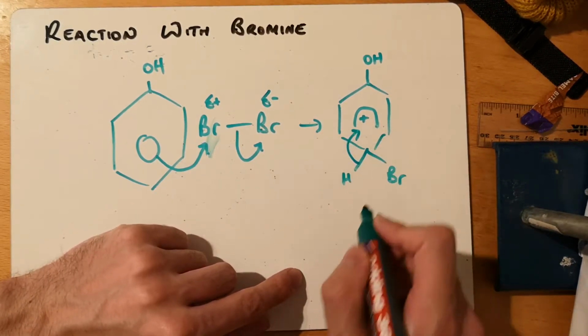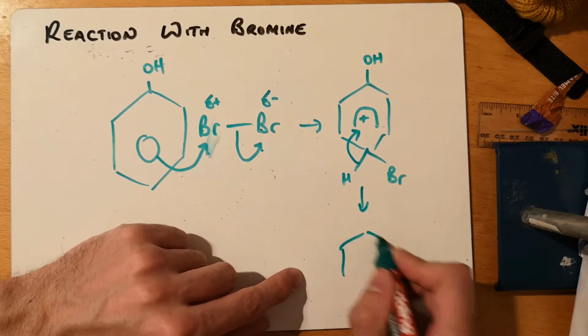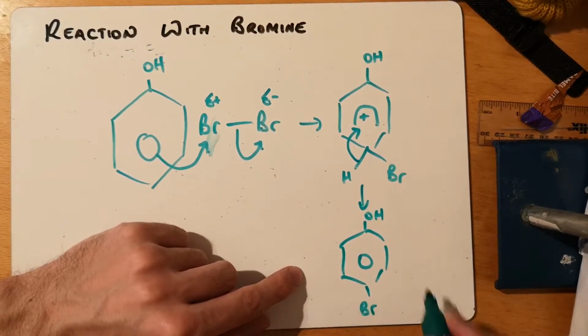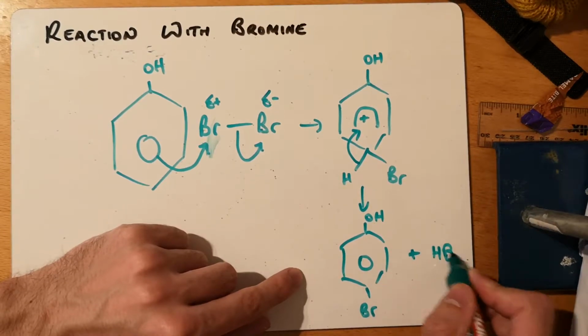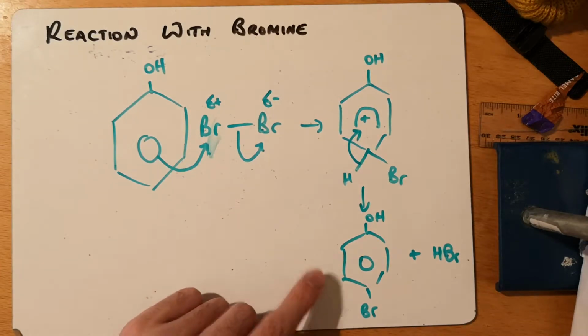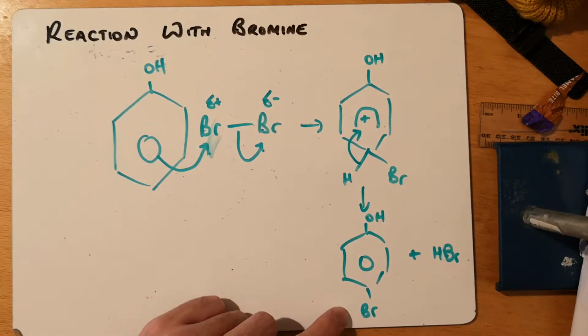So that goes back in, which gives us OH, Br, plus HBr. But this doesn't stop reacting. If we've got bromine there, we've still got our phenol, just now it's got a bromine on.